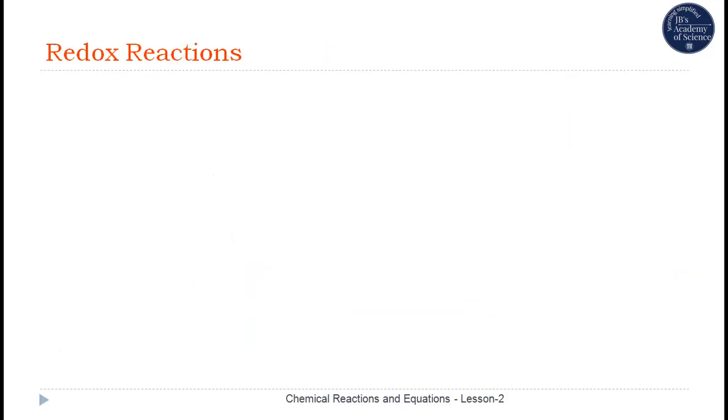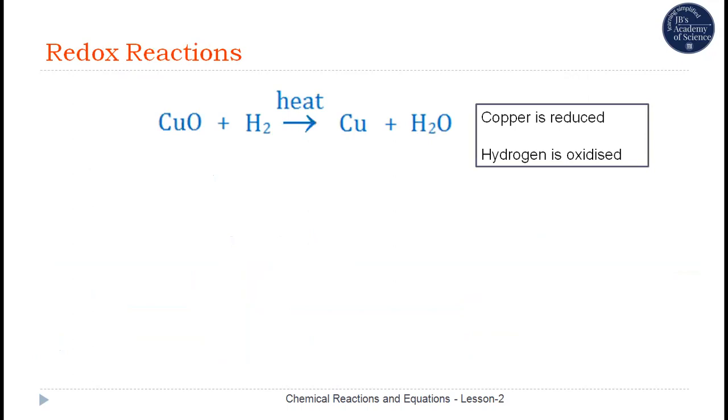Now, redox reactions. Look at this reaction. CuO plus H2 gives Cu plus H2O. Here, copper loses oxygen, so we say copper is reduced. Hydrogen gains oxygen, so we say hydrogen is oxidized.